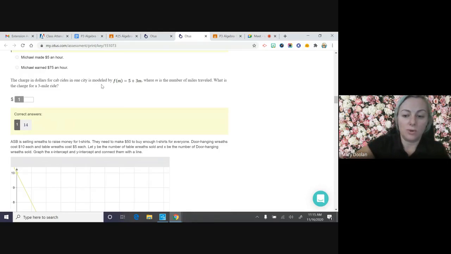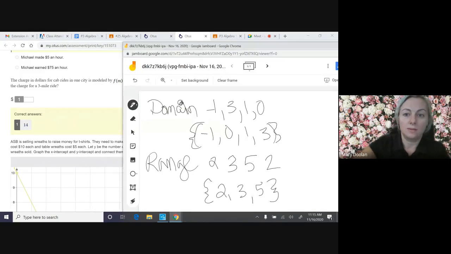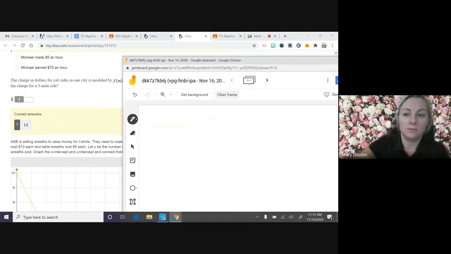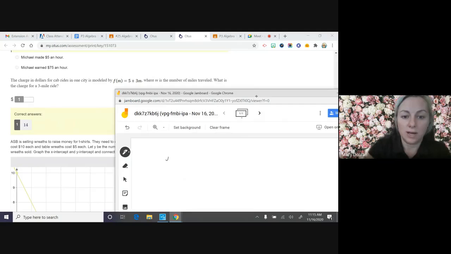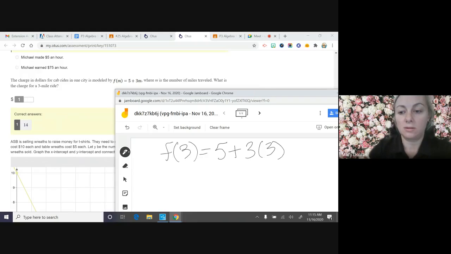So if we look at our whiteboard, f of, and instead of m, I'm going to use 3, which means when I put in the function here, instead of m, I'm going to actually put a 3. Then you just simplify that expression. 3 times 3 is 9. You always multiply before you add. So 5 plus 9, or 14. And that's where this 14 came from.